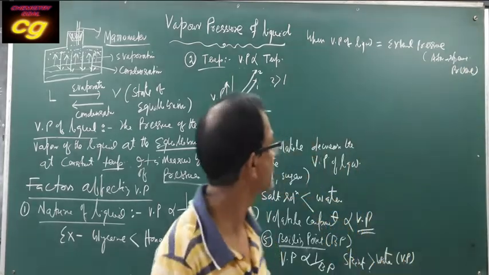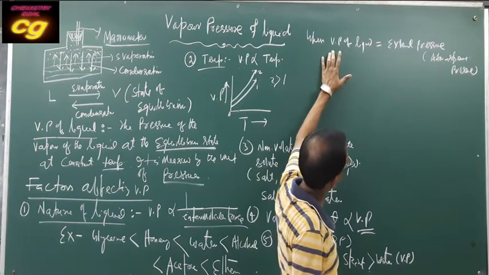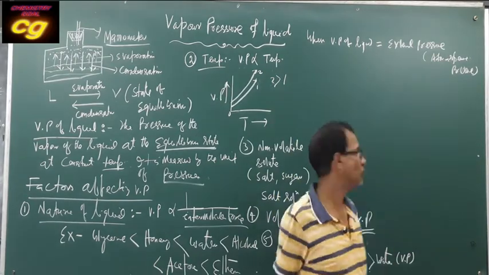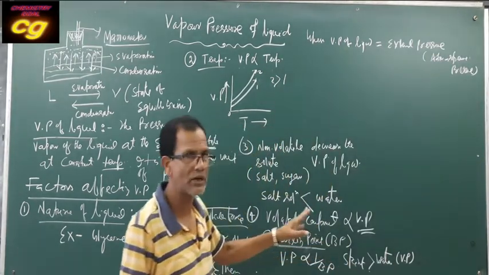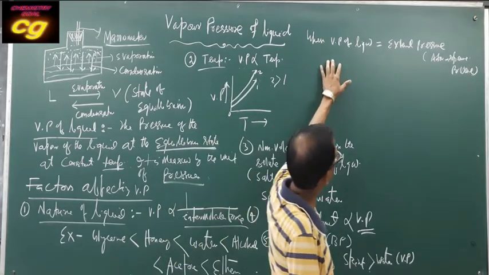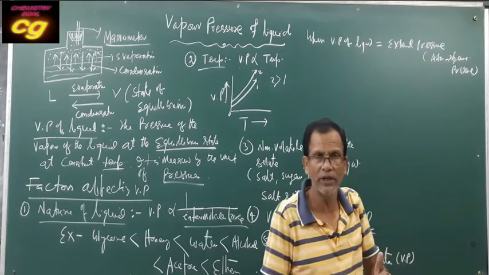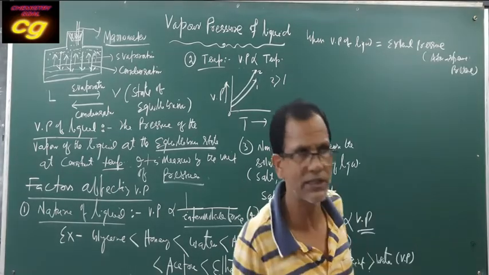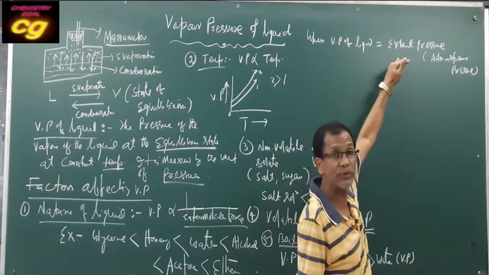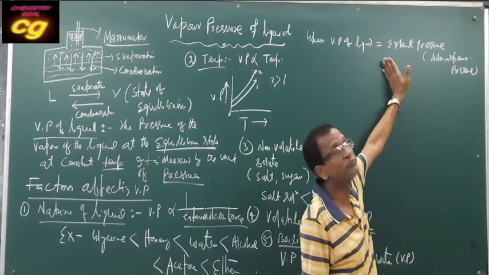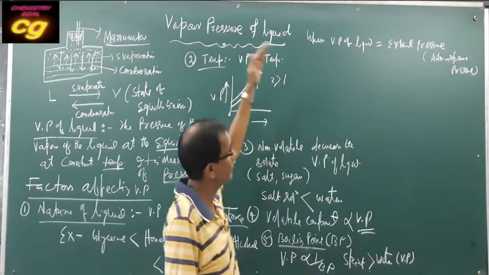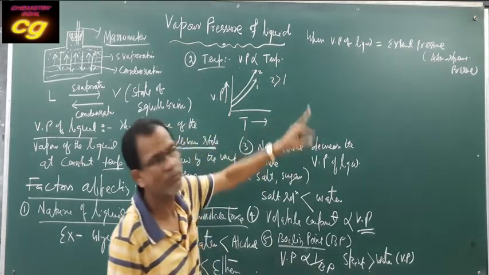When atmospheric pressure is equal to vapor pressure, that is called your boiling point. The temperature at which the vapor pressure of a liquid equals external pressure. When you heat the liquid, the vapor pressure goes on increasing. When it equals external pressure, the liquid starts boiling. So the liquid's boiling point depends upon vapor pressure.